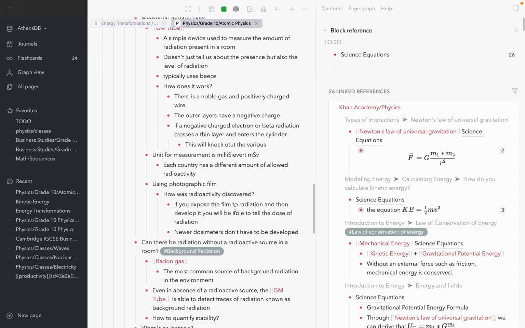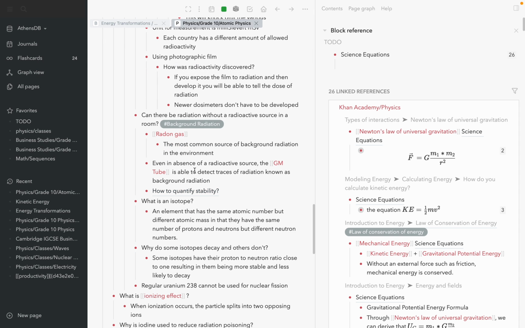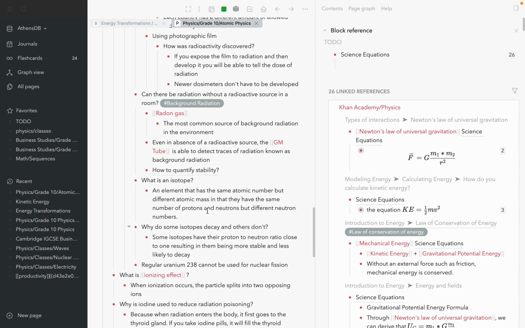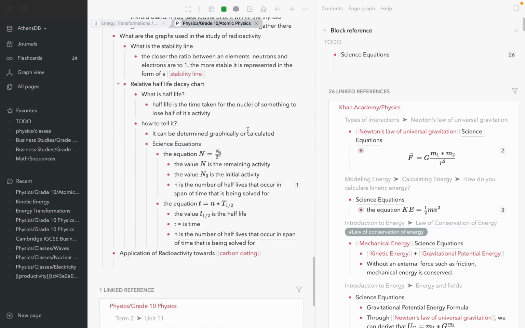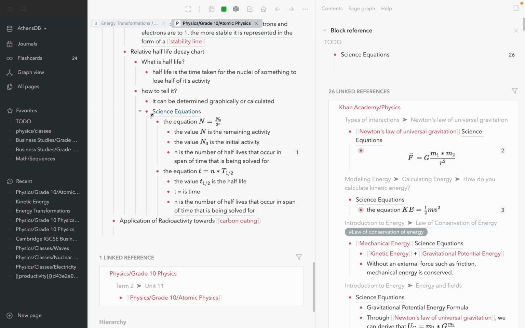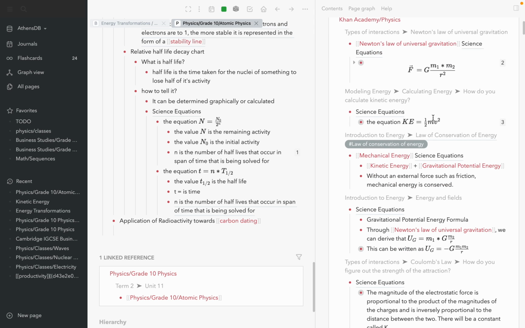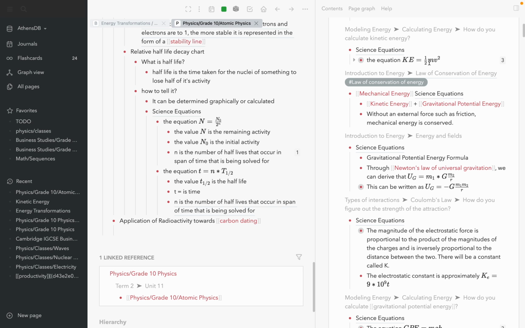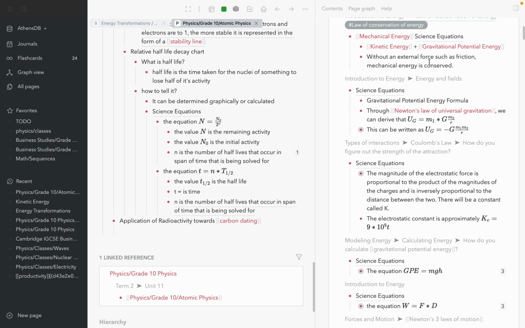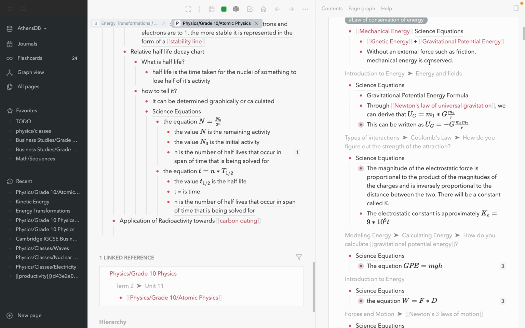As you can see, I've written quite a bit here, and I've related it to other topics. Here's another application of that science equations thing. One benefit is that I can at a glance see all of the equations that I've talked about, and this makes it really easy to prepare for exams or just check my understanding of equations, make sure I understand most of them, and make sure I'm not forgetting some of them.